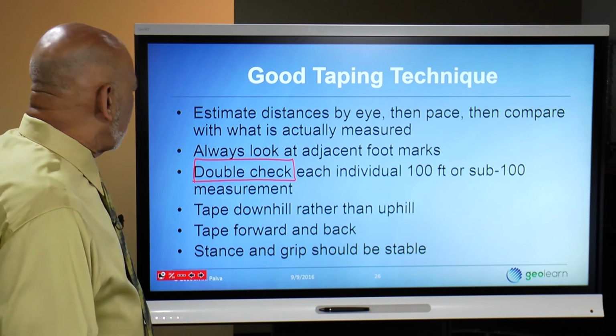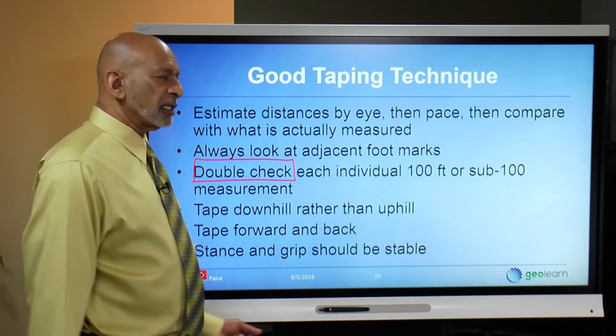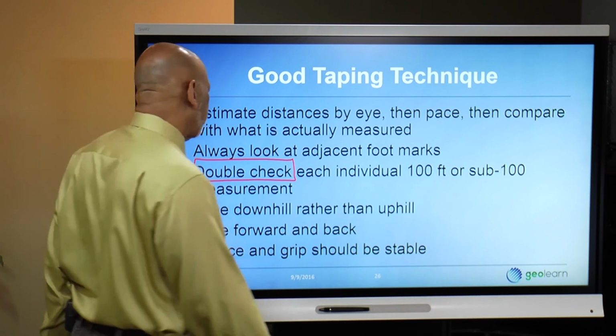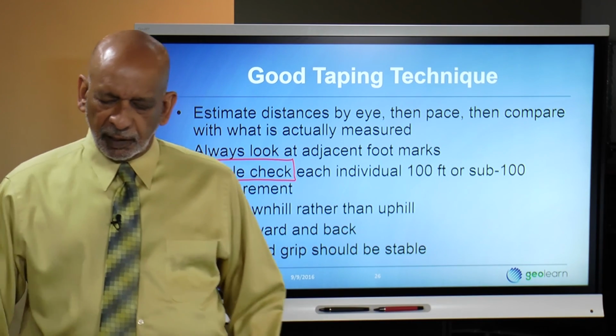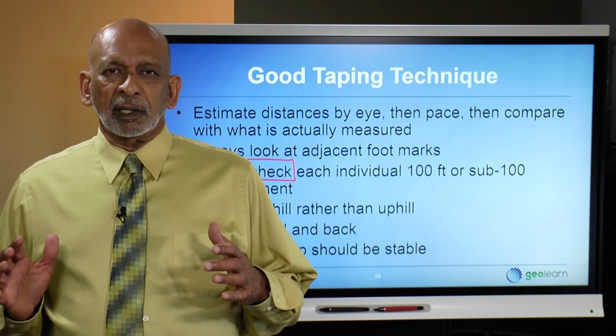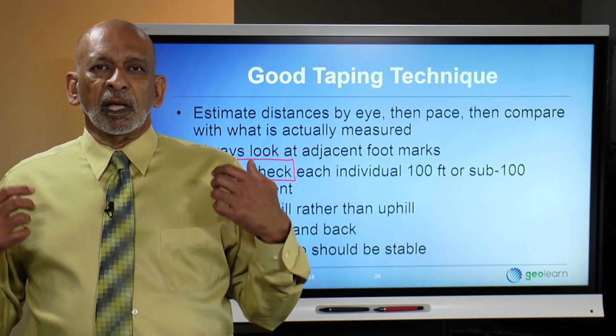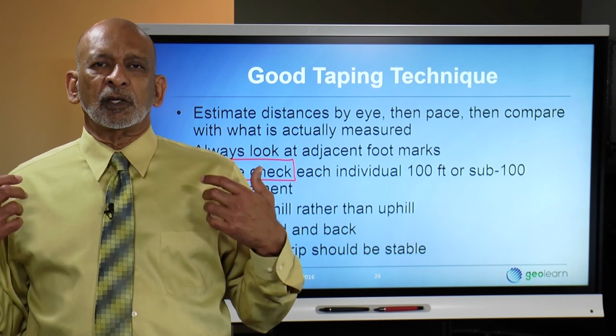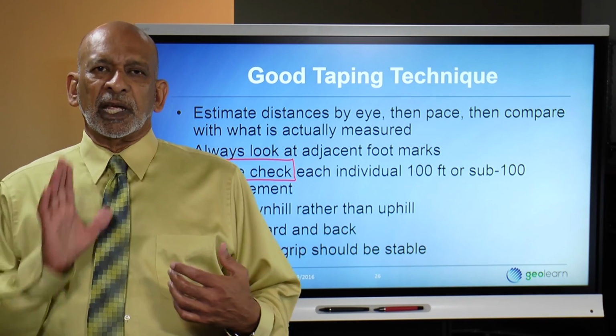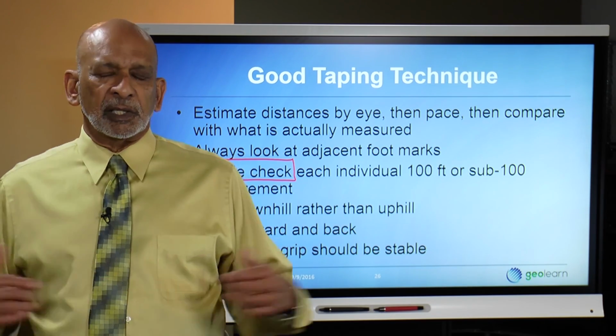And finally, with taping, your stance and your grip should be stable. What do I mean by that? I've already talked about this a little bit, but if I am taping, I should only appear this way to you if you are standing normal to the direction that I'm taping.